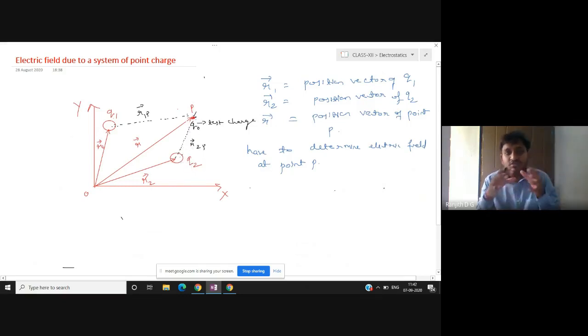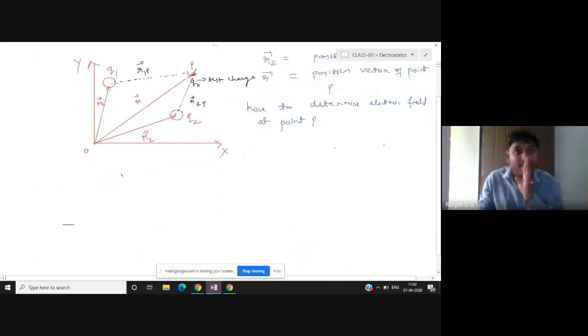Once you find out individually the electric field of Q1 at point P and of Q2 at point P, we are going to add them vectorially. This is called the superposition principle, which we already studied. That superposition principle we need to apply here to find the electric field of a system of charges.